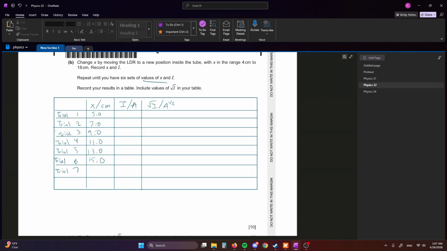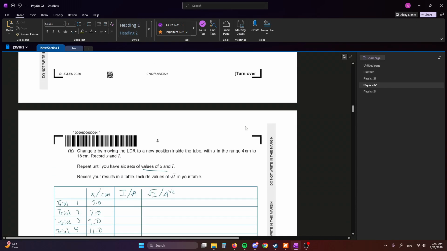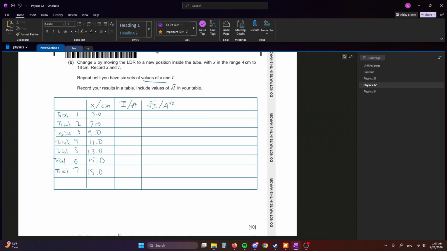And then you want to repeat this, 4 to 18, sorry. My reading skills are not very good, as you can see. So you just want to do a 4.0, and then we can go back to 18.0.